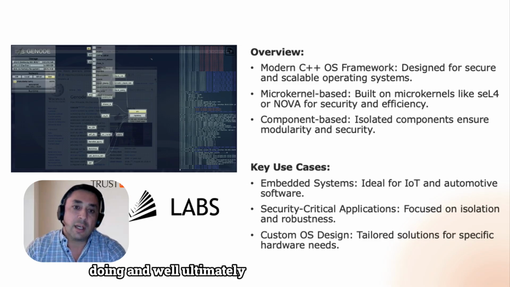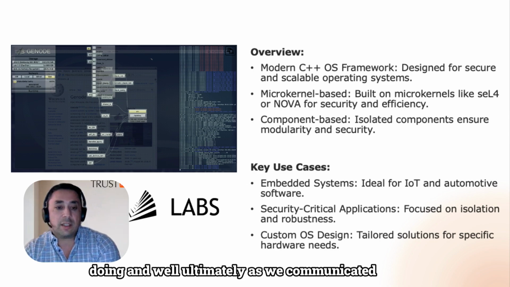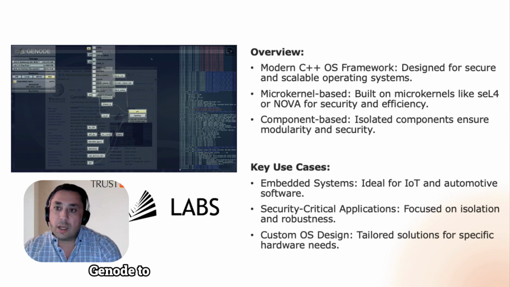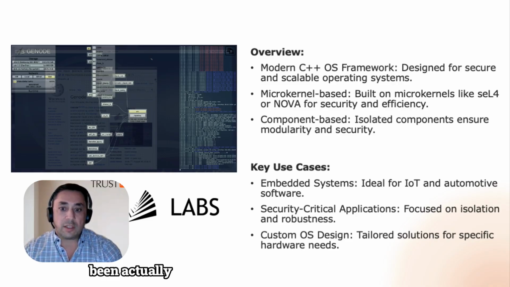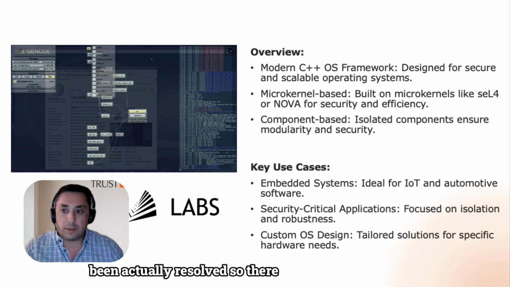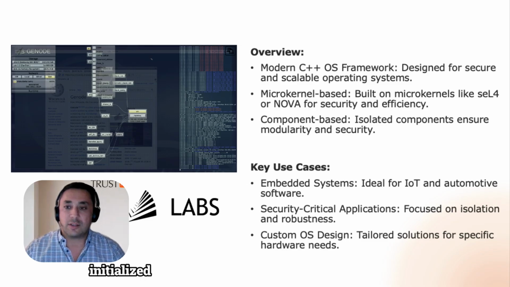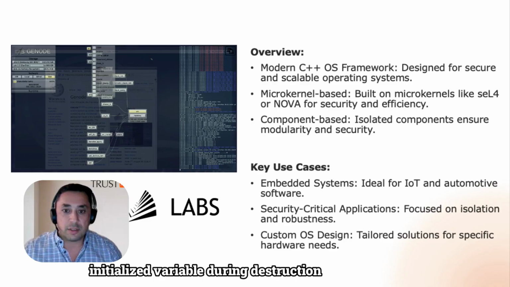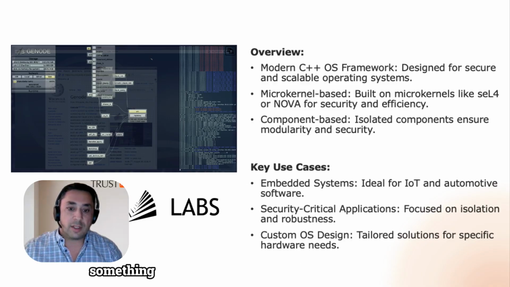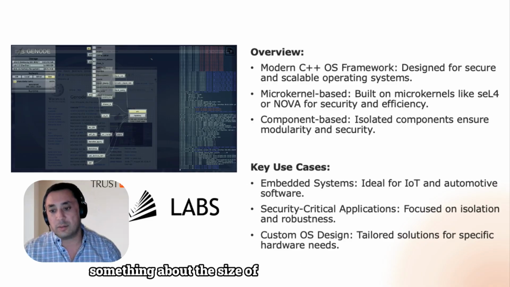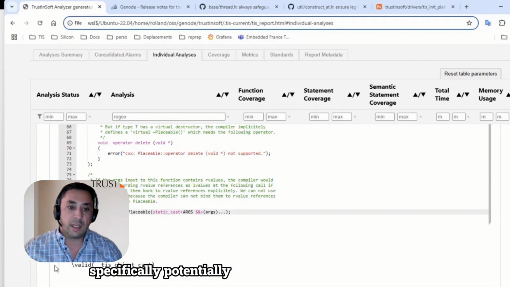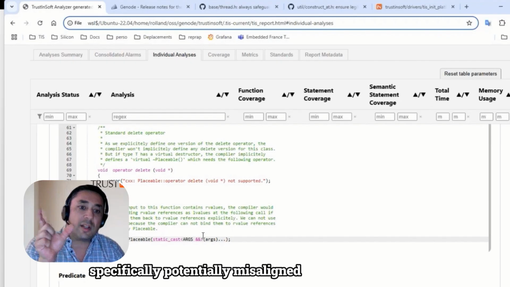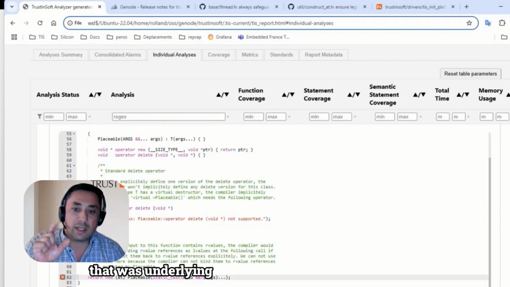Ultimately, as we communicated that to the Gnode people, all the issues have been resolved. There was a potentially uninitialized variable during destruction. There was something about the size of a type that would be potentially misaligned with the real type that was underlying there.